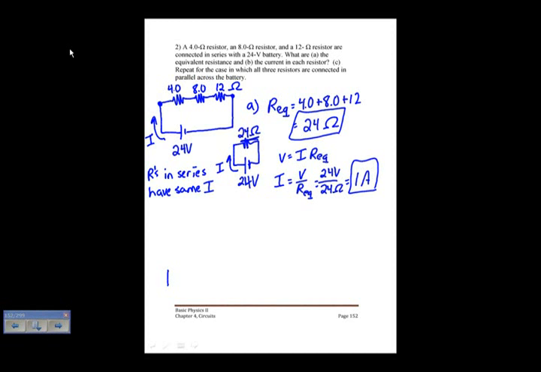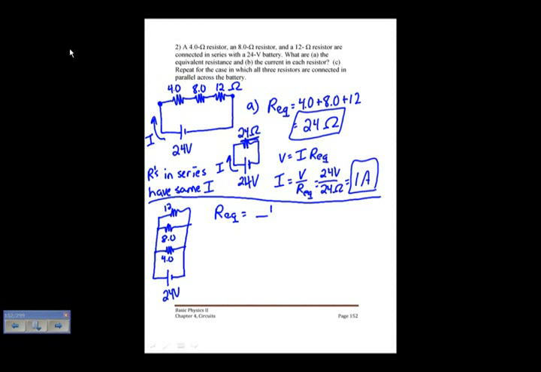Now, a slightly different scenario where the 3 resistors are hooked up in parallel. This is 4, 8, and 12 ohms, and they're all hooked up to a 24 volt battery. First, find the equivalent resistance.